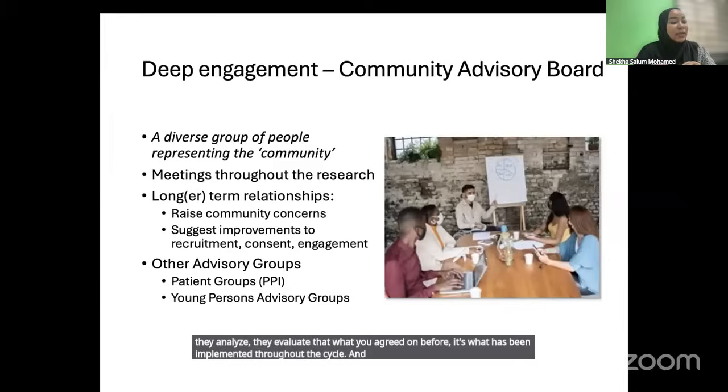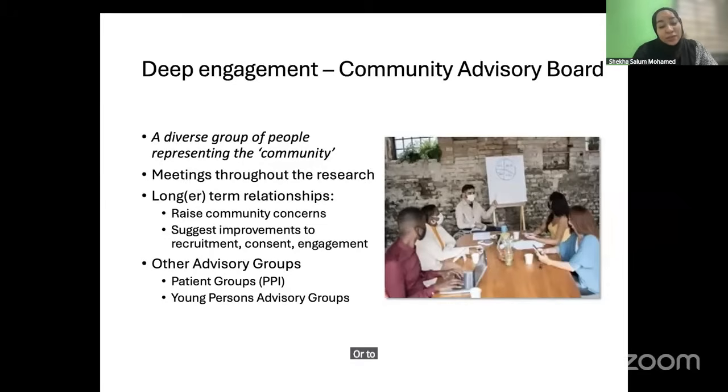And this is a long-term relationship which enables the community representatives to have a deeper understanding of research. So they are better equipped to advise researchers on how, for example, to address concerns raised by the community or to make suggestions for improvements to the study.